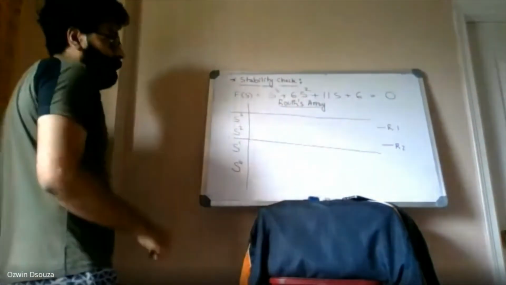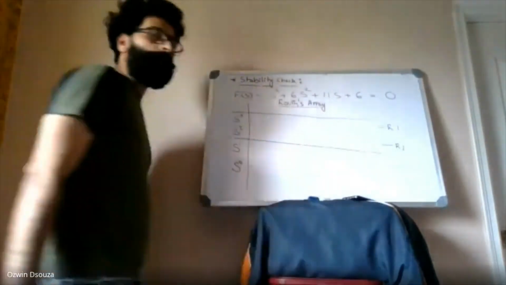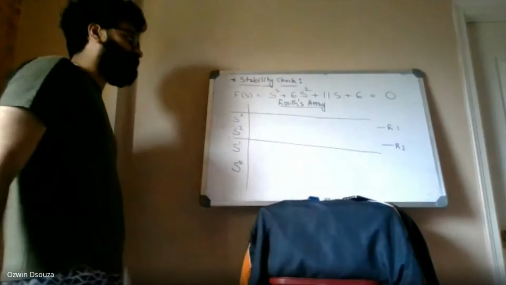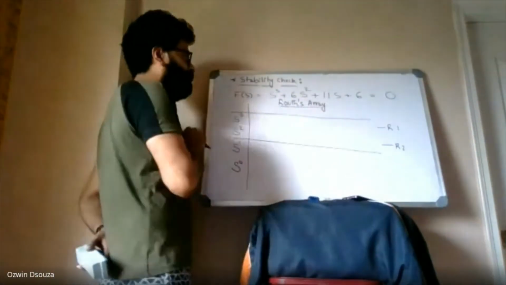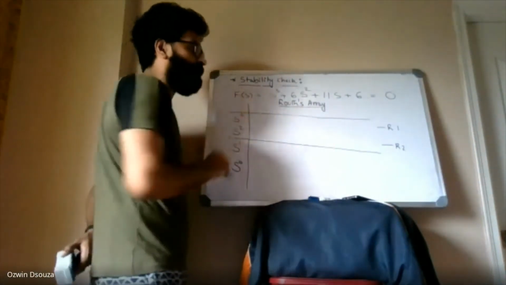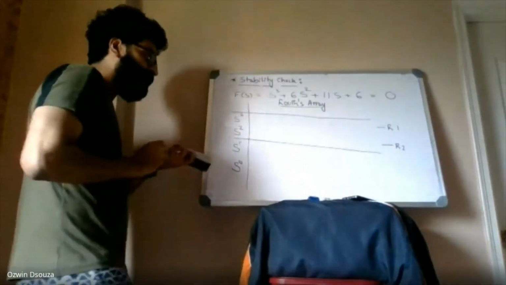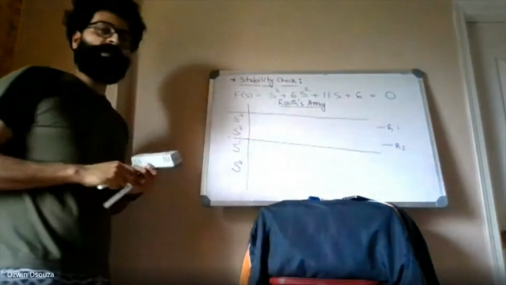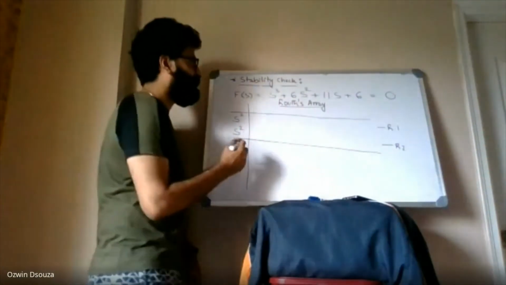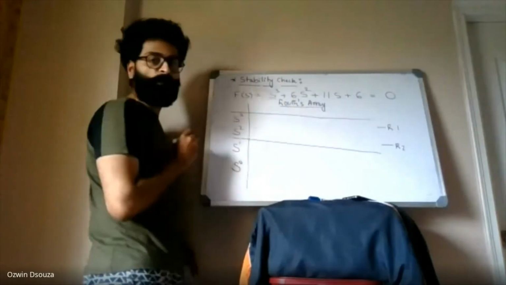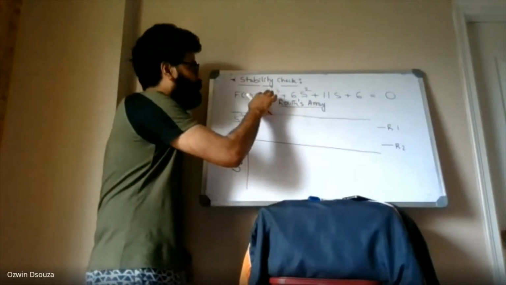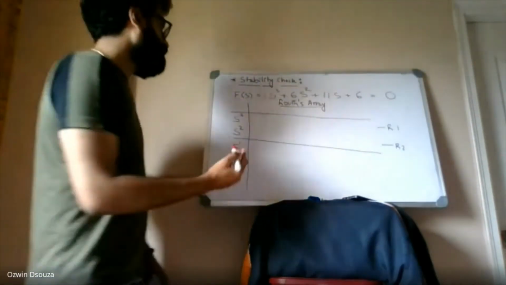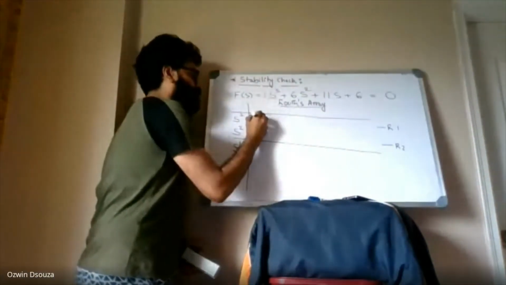Now, how will you fill up the first row? Starting from the coefficient of the highest power of s, the alternate coefficients are noted down. The highest power of s is s cube, and its coefficient is 1.